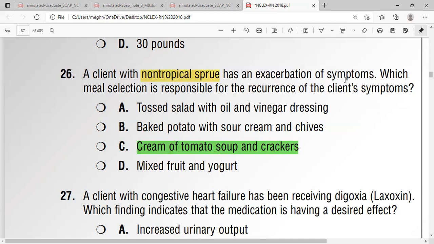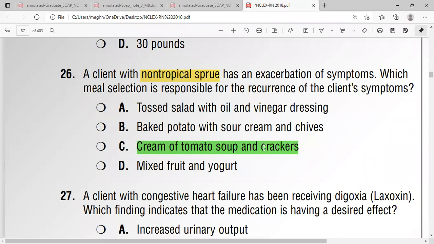An acute exacerbation, as well as those of celiac disease, is caused by ingestion or intake of gluten-containing food. Gluten is found in wheat, oats, barley, or rye.